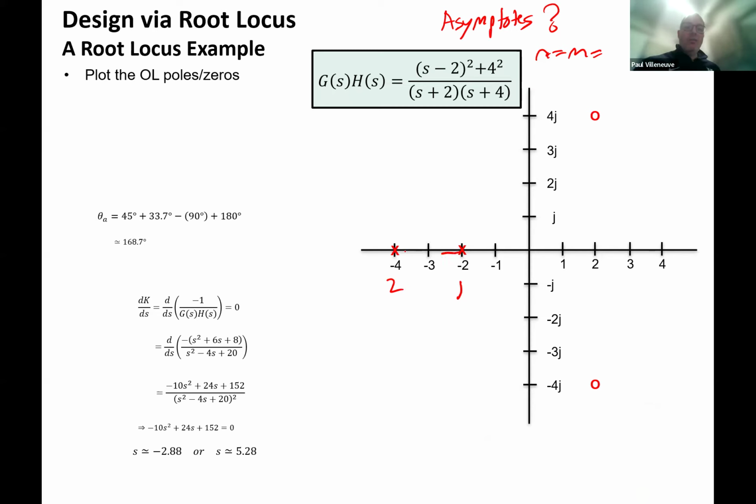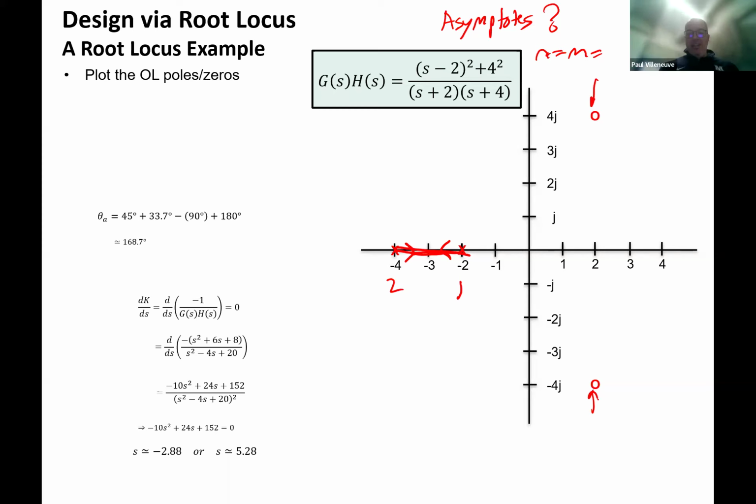So we know our locus on the real axis lives here between the odd and the even. The problem is, and this is rule 2, we start at a pole and end at a zero. Somehow we have to get to those two, which means we have to break away from the real axis.